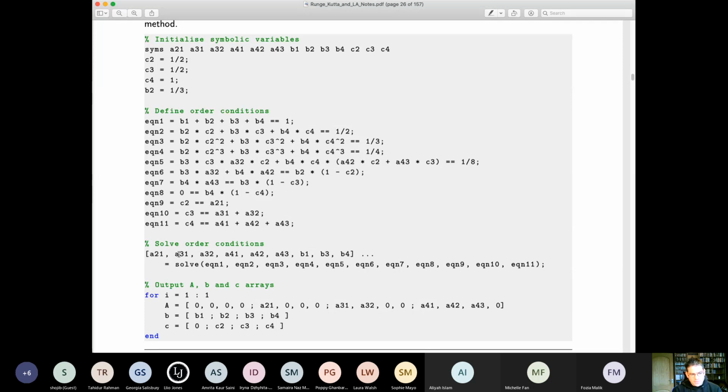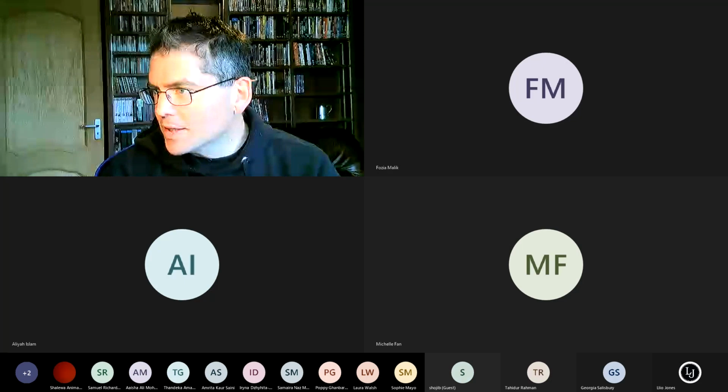That's to do with the MATLAB solver routine, which can be a bit finicky. All I would say is look at the number of unknowns we have to determine and look at these order conditions. You might not need all of them. That's a bit of a tip.